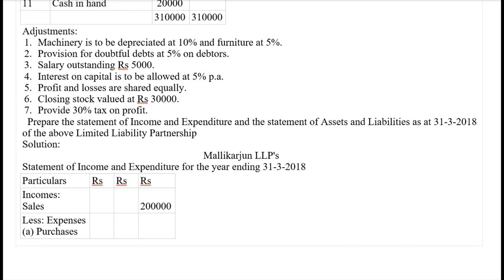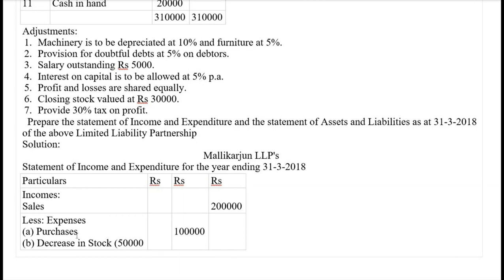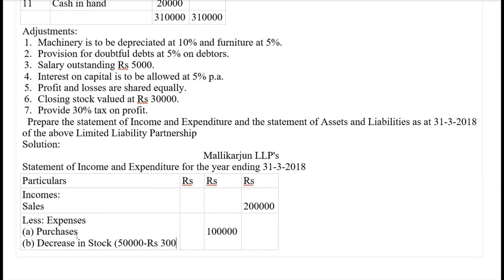So purchases, let us take in the third column here as rupees 1 lakh. Then the next one here, decrease in stock, that is opening stock is given in the problem as rupees 50,000. So 50,000 minus rupees 30,000, which will be 20,000 here.